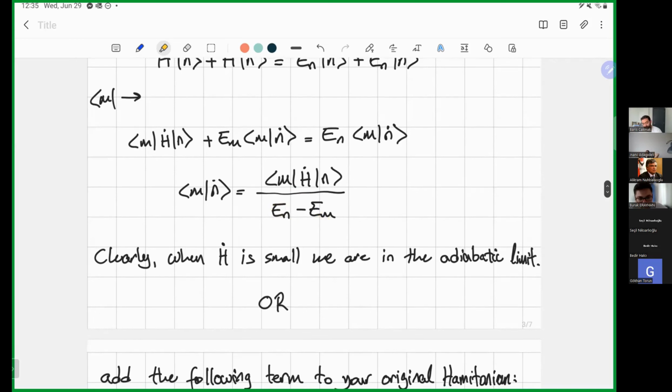When the difference becomes small, this term that causes the problem for us to follow the adiabatic path becomes more pronounced, for a fixed time derivative of the Hamiltonian.